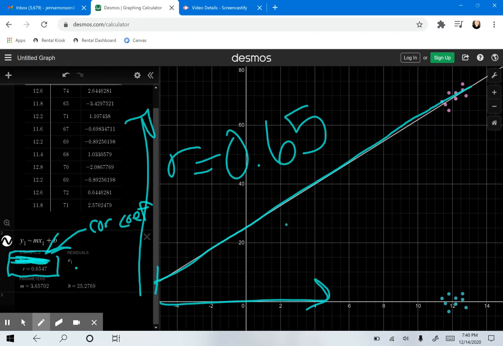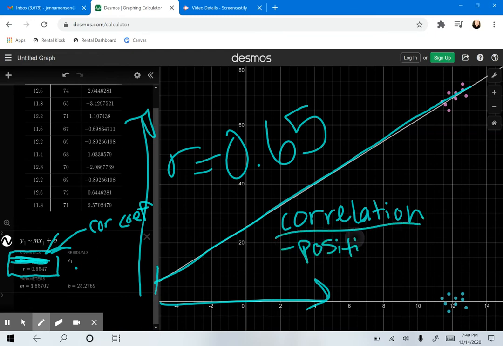So our relationship between shoe size and height is a positive linear relationship. So we're good there. We know it's linear because the residual plot is random. We know it's positive because the R is positive.